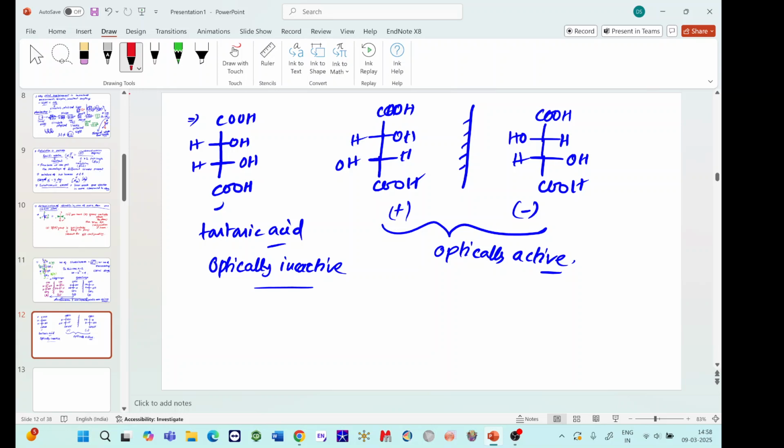So 1, 2 and 3. 1, 2, 3. Hydrogen is in, so this will be R. This one 1, 2, 3. Okay, this one will be S, right? What for this one? Which COOH? This is S.